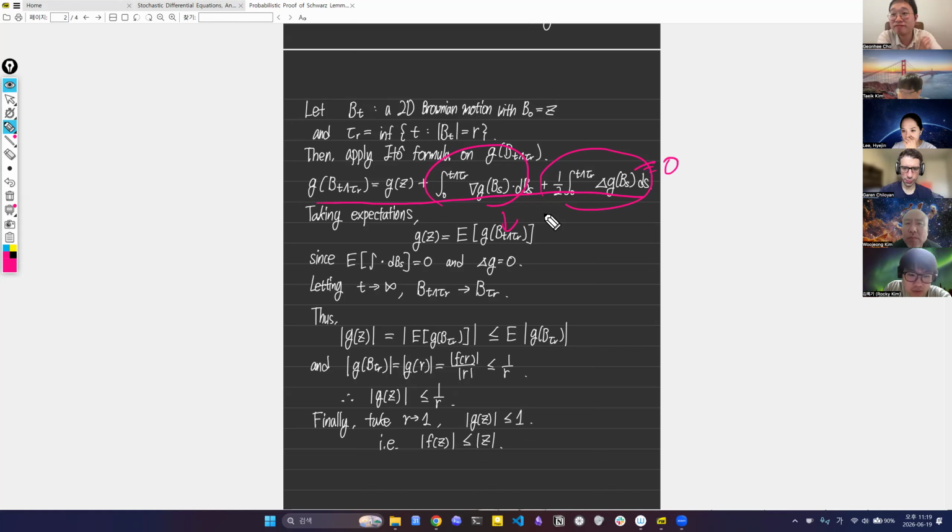In the subharmonic case, this part could not be zero. So the final result would be an inequality, not an equality.